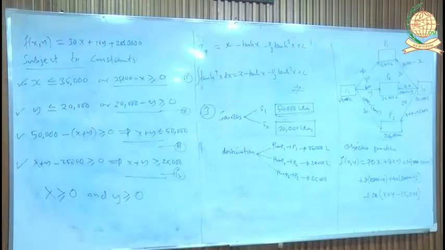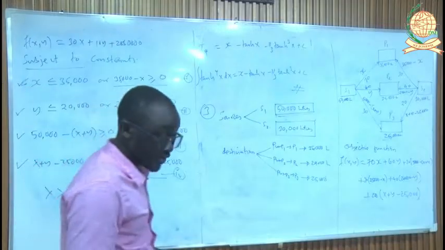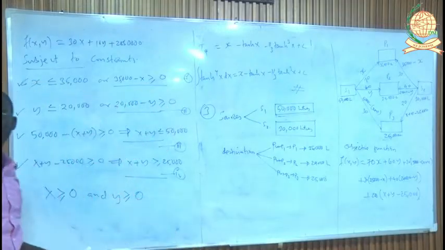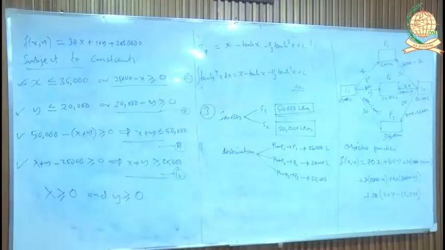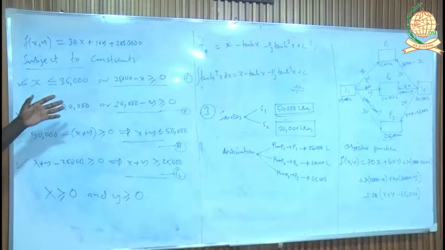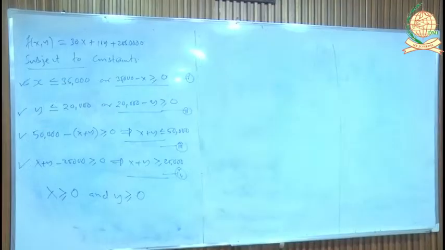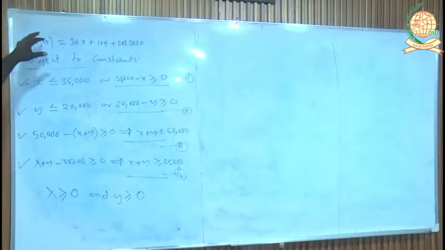So we can go directly now to draw a table, to sketch a table on this problem. A table of values from these inequalities, and we have our constraints here, and we have the objective function.